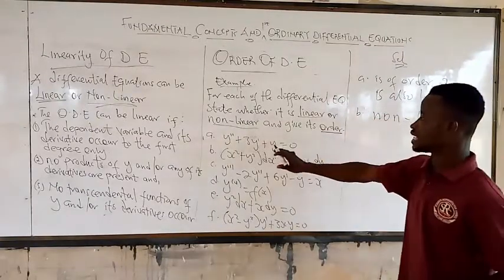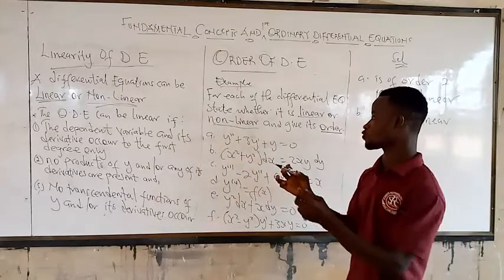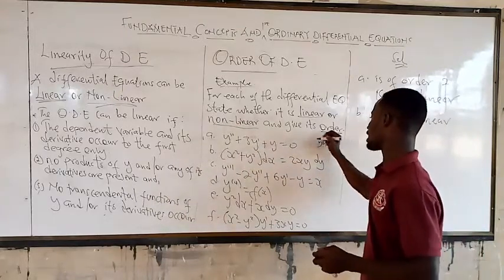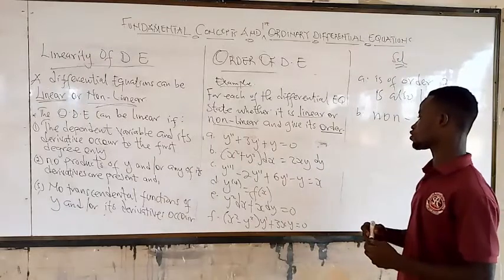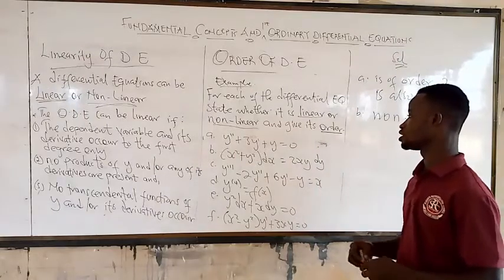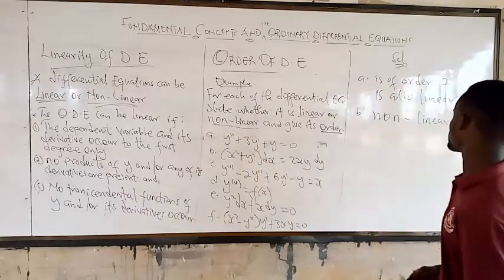This is non-linear because of the product of y. Because we have y and y, that's why we have y squared. This is the product of s and y, I have no problem with that, but because of this, it fails to be linear.